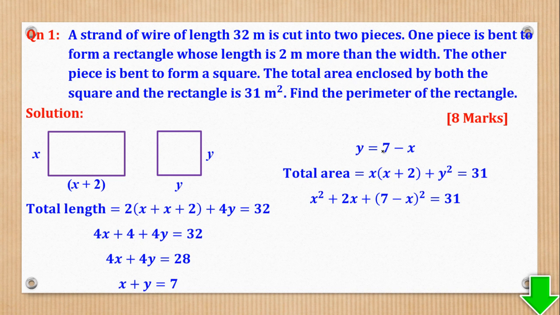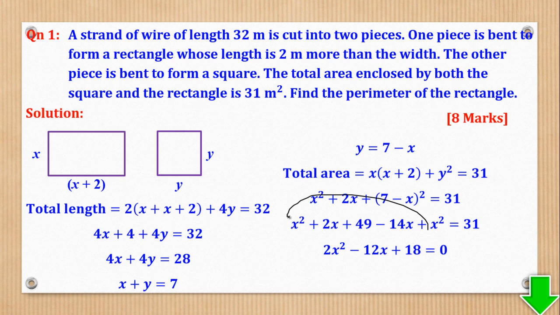So that means I can substitute for y. Open brackets, expand this, I'll come up with this. Then I will collect like terms. This with this, this with this, then this with this. That is now a quadratic which can be solved.